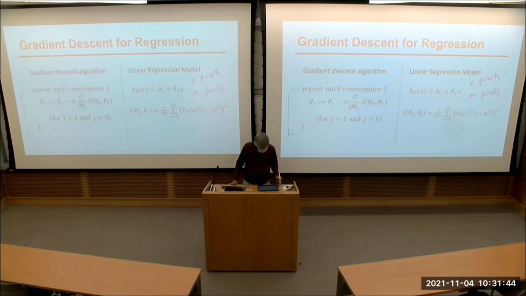How many times are we going to repeat this loop till it converges? It depends on something unforeseen. Let's just say it repeats a total of r times, okay? Let's say that we're willing to run a total of r of these steps, and then we're going to give up, okay? What is the running time of this algorithm as a function of r, n, and m?